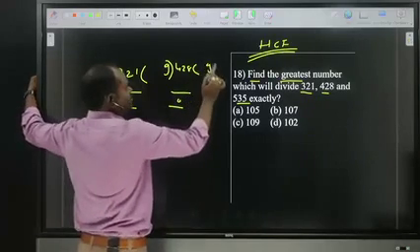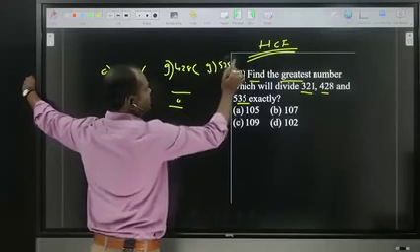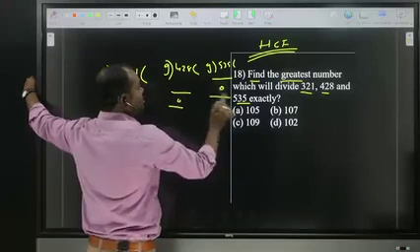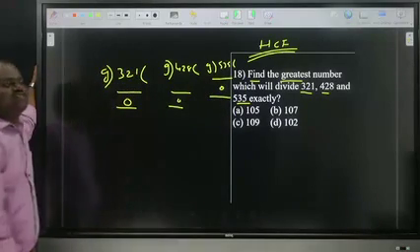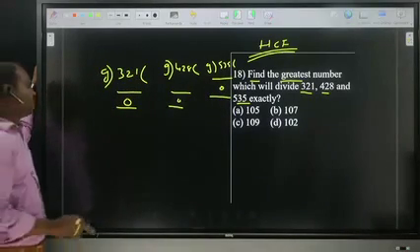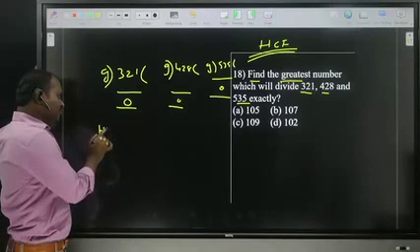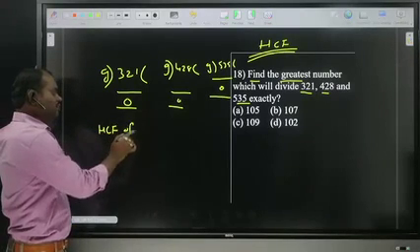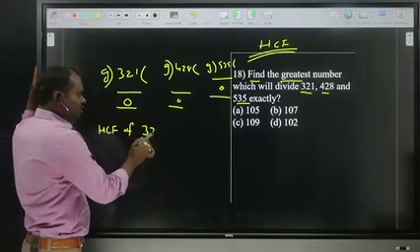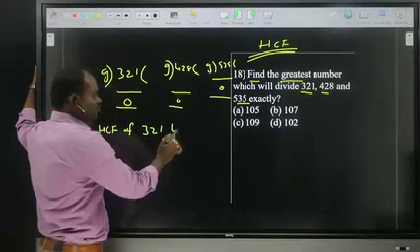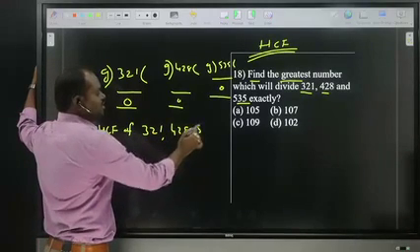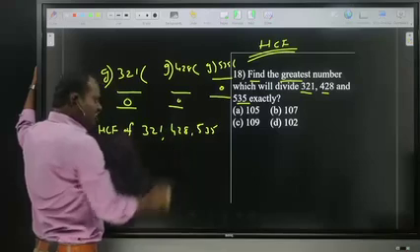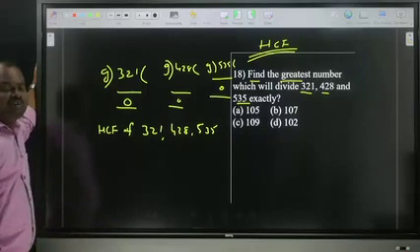If you divide 535, we require remainder 0. What is such kind of greatest? Procedure is just we should take the HCF of 321, 428, 535. By finding the HCF, that is the answer.